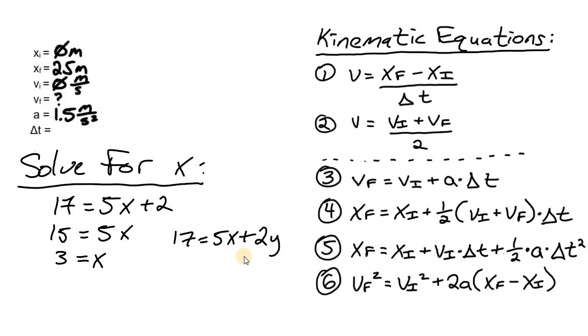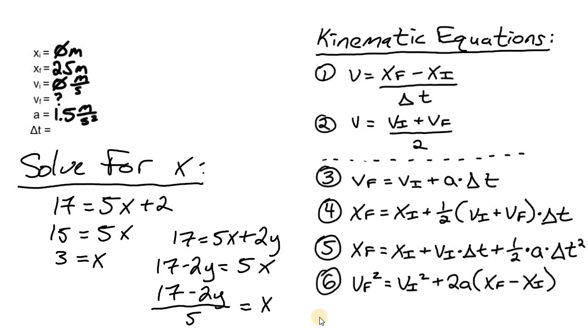Because now we have the two terms here, once again separated by the plus sign and minus sign. We could subtract 2y on both sides of the equation, and then divide by our 5. And this is what's equal to x. Wait a minute, so if we have here our two unknowns, will we be able to get a value for x?